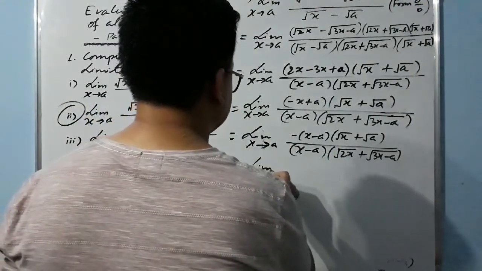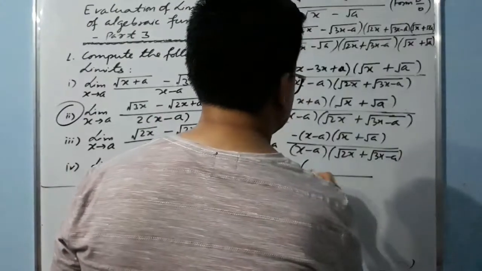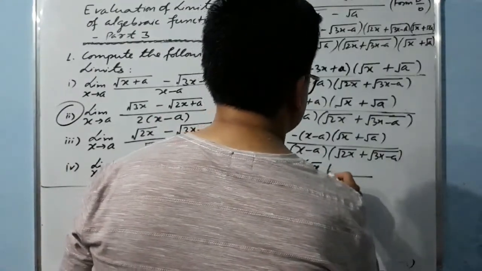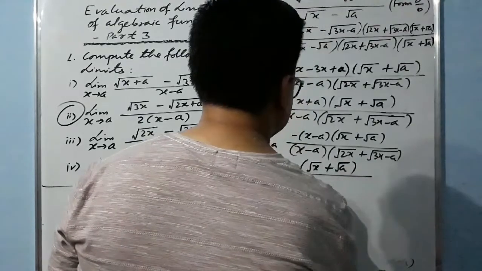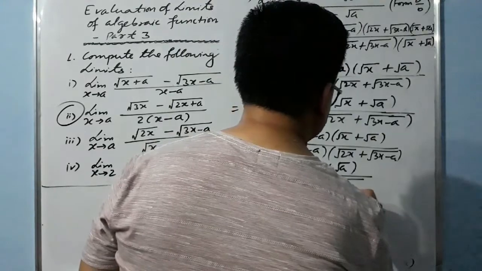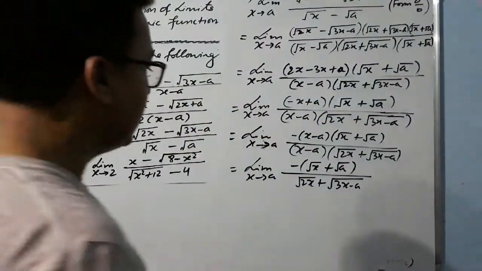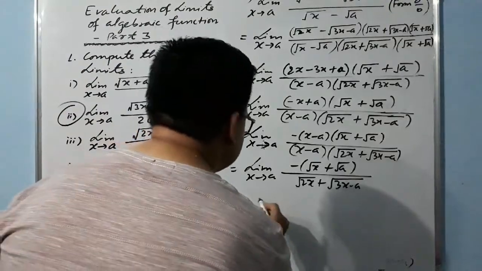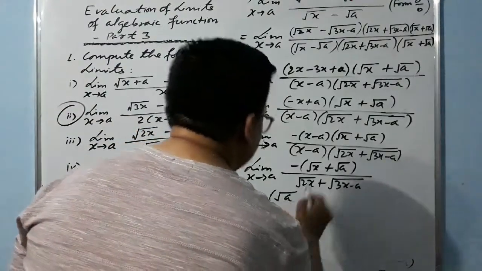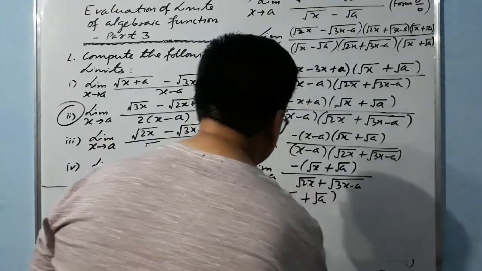So we have the negative of root x plus root a, and here root 2x plus root 3x minus a. Now this is not in indeterminate form, alright. So let's find out the limit. Finally, we are at the point where we can find the limit of this function.